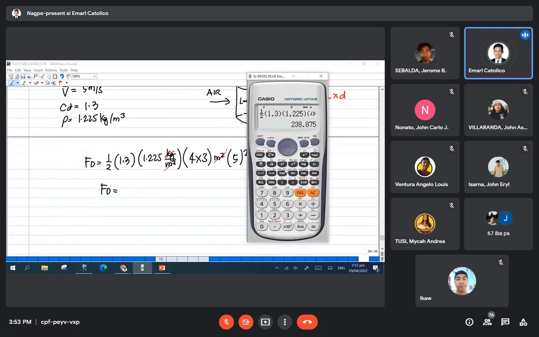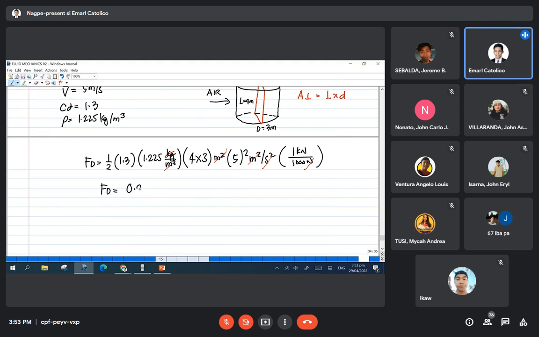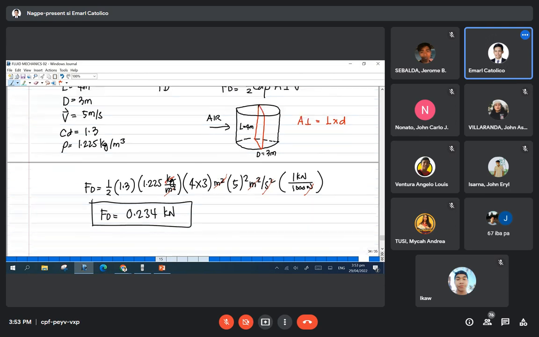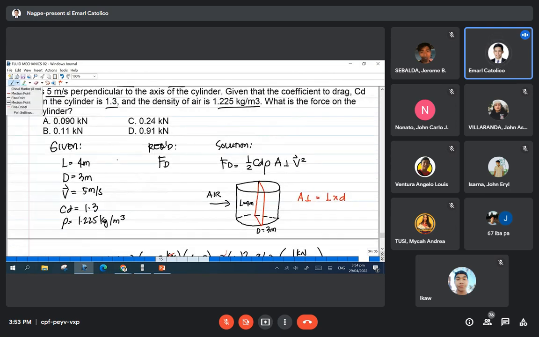Divide 1,000 pa pala. Divide 1,000. Okay. So 0.234 kilonewton. Okay. So letter C.